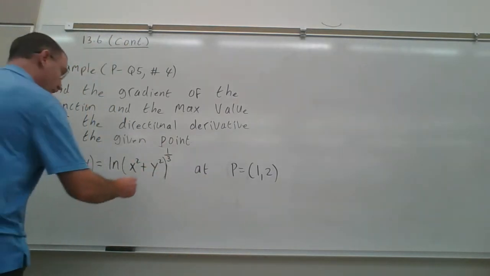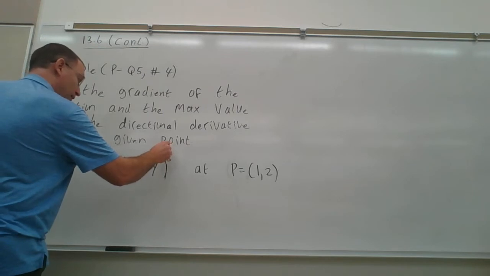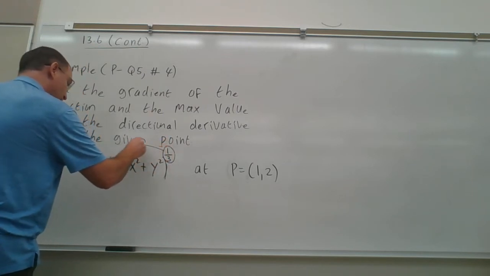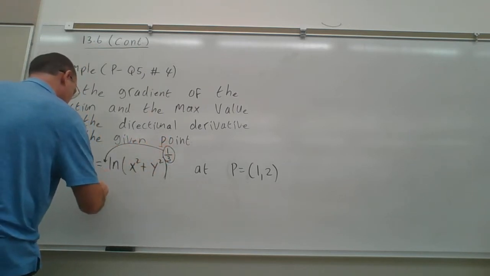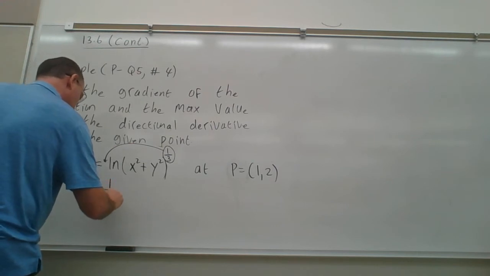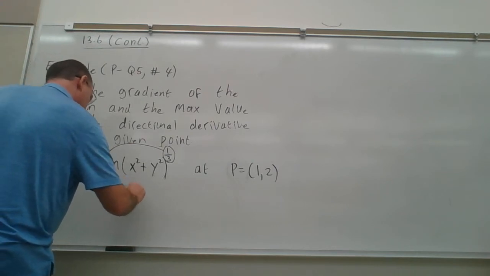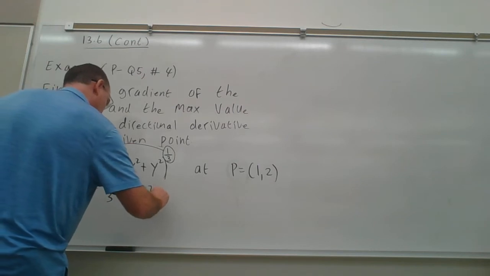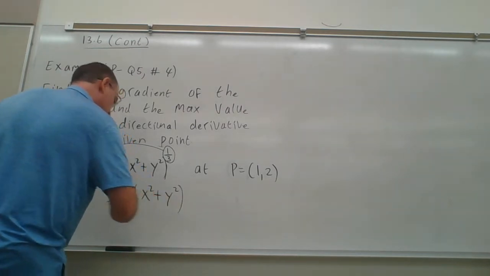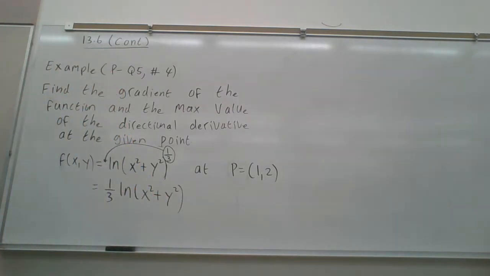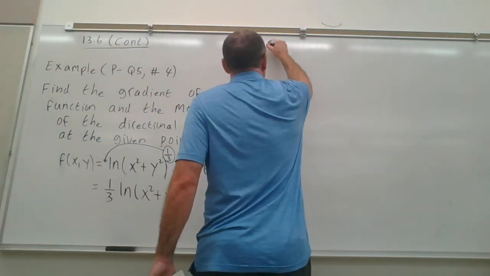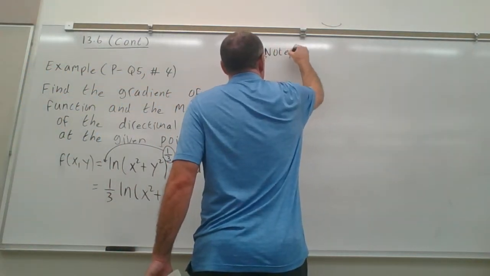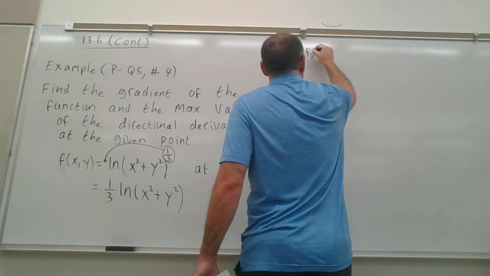So first thing to note is, using properties of logarithms, I can take that 1/3 in front. So it'll be 1/3 ln of x squared plus y squared. Okay, note then, the partial derivative with respect to x.